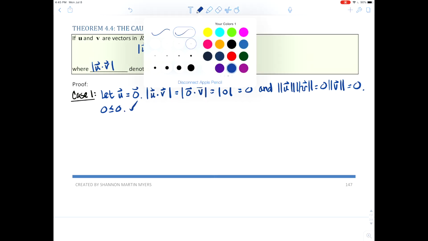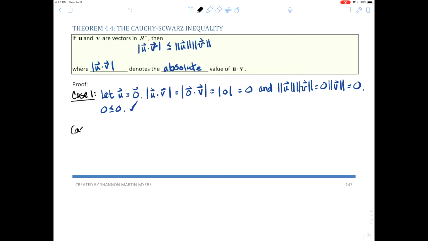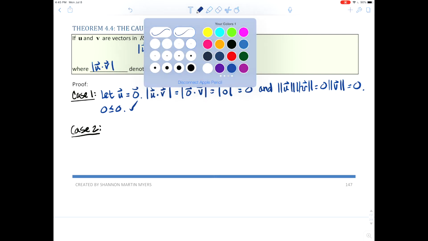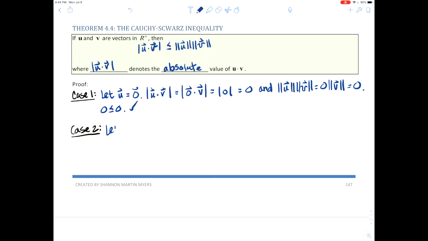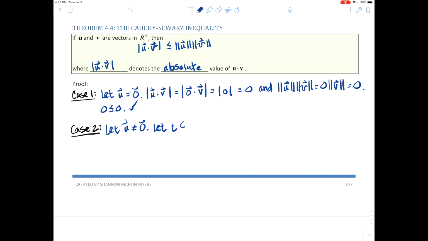Okay, case 2. We're going to have it where u does not equal 0. So let u not be equal to the 0 vector, and we're going to let t belong to the real numbers.